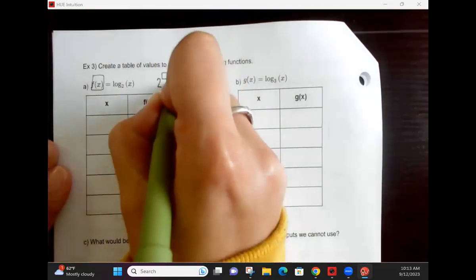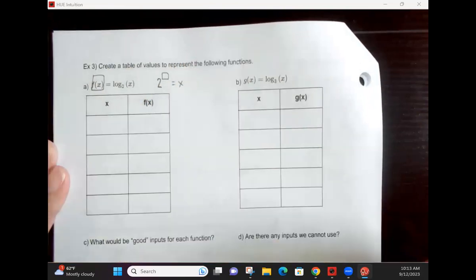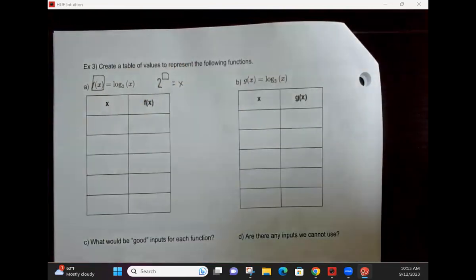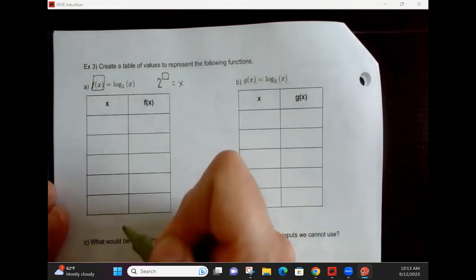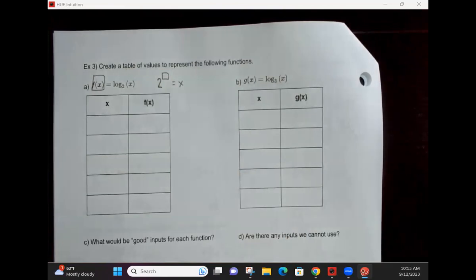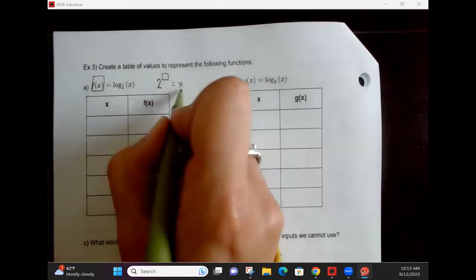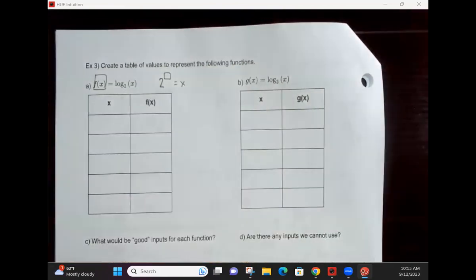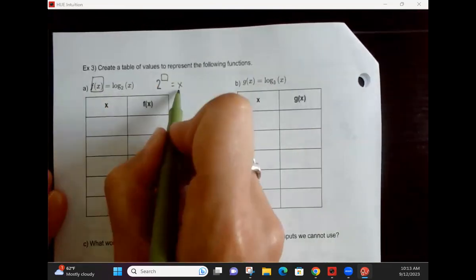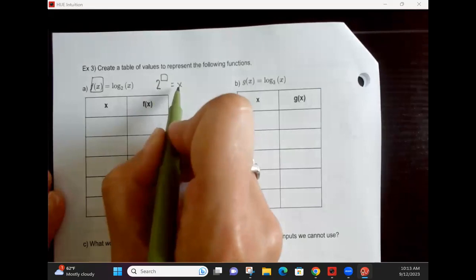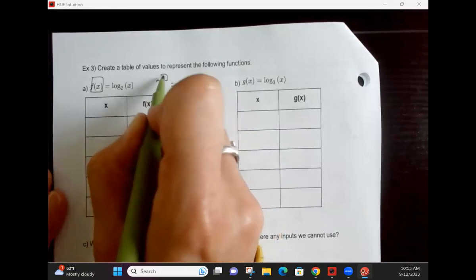power equals x. What we're used to being able to do for just about every function that we've looked at so far is pick any values you want for x, plug them in, see what you get. This gets a little bit trickier when we're talking about logs because whatever I choose for my argument, whatever I pick to plug in for x, is going to have a repercussion for my y.